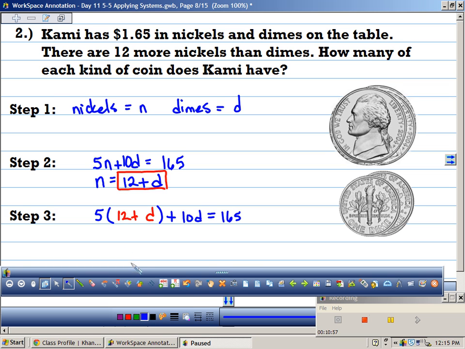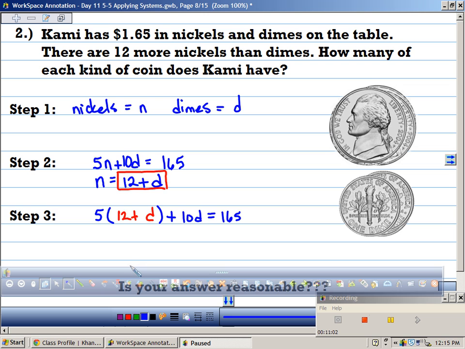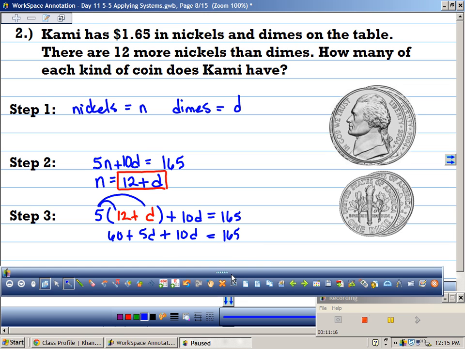What's my next step, Blossom? What do I do from here? Distribute. Good job. I want to distribute that 5. And I get 60 plus 5 dimes plus 10 dimes equals 165.